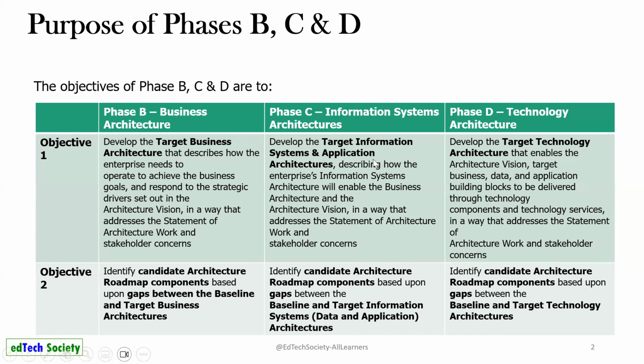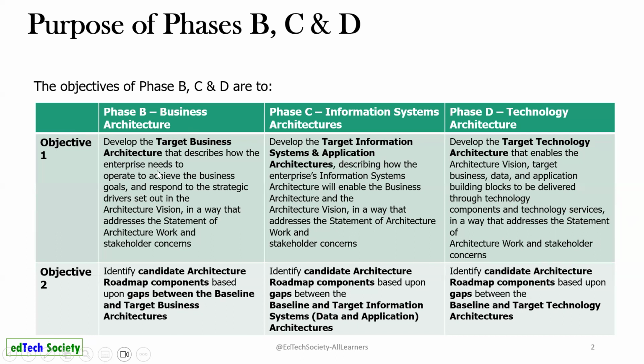Now you can see on this screen we have captured in three columns: phase B business architecture, phase C information system architecture, and phase D the technology architecture. Primarily there are two objectives.